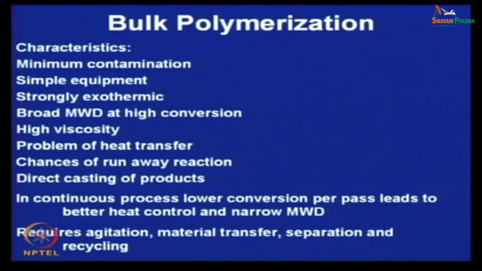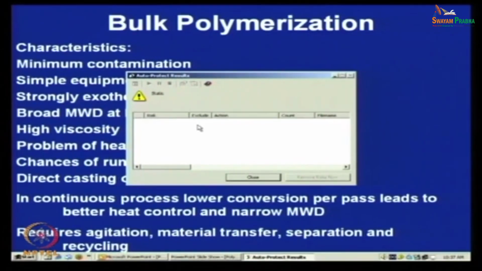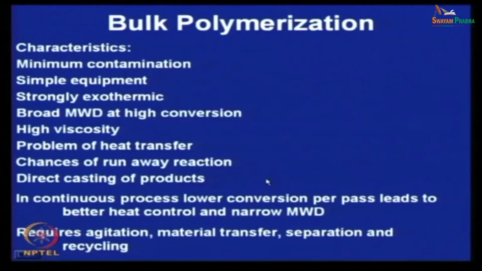So, that is possible only if these growing chain species can diffuse within the mass. Now, that diffusion is restricted by increase in viscosity, isn't it?